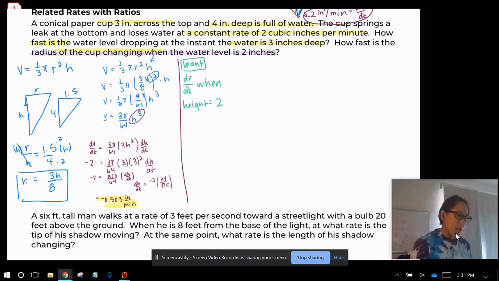So the next part we're going to do is when the height is equal to 2.